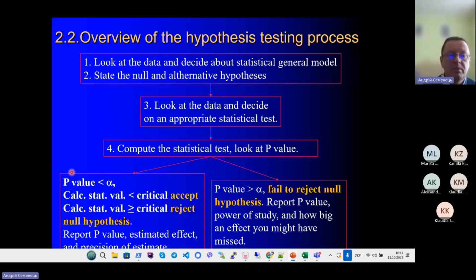So if we talk about the rough steps and draft of the algorithm, it will be something like what is given in this slide. We look into the data and decide about the general statistical model, so we deal with categorical or quantitative data. Then we state the null and alternative hypothesis. That is the point where maybe the majority of students make their error.